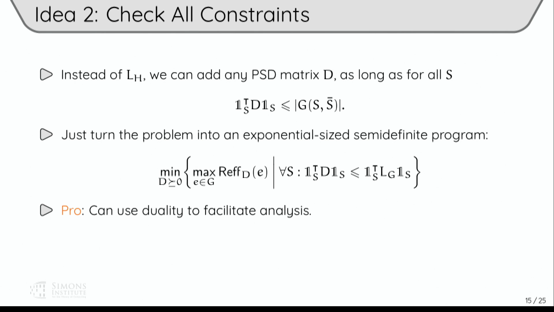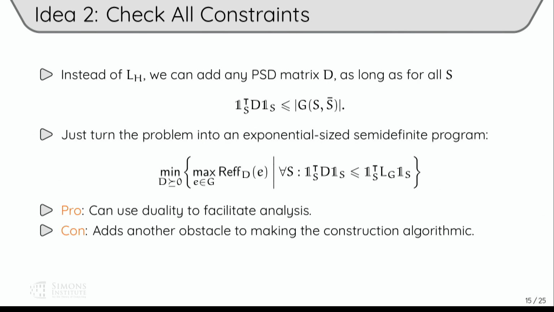So even though this is an exponential sized convex program and we can't algorithmically solve it, it's still useful to write it in this form, because you can use convex programming duality to analyze this mathematically and prove that if the graph is k-edge connected, maybe you can prove the objective is low.